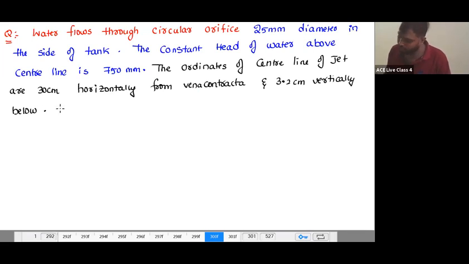Now, the actual discharge passing through the orifice.